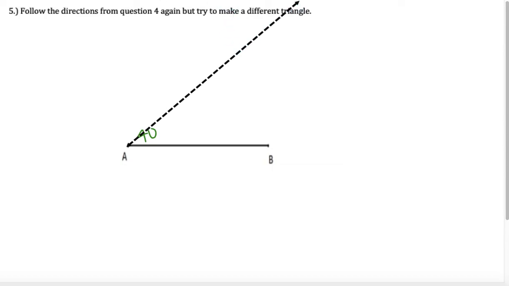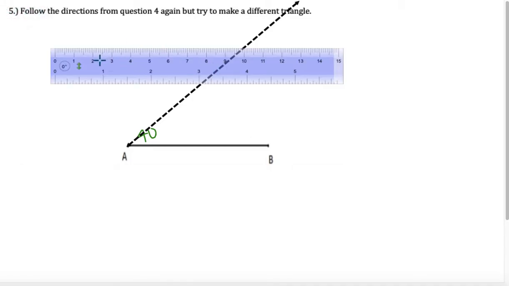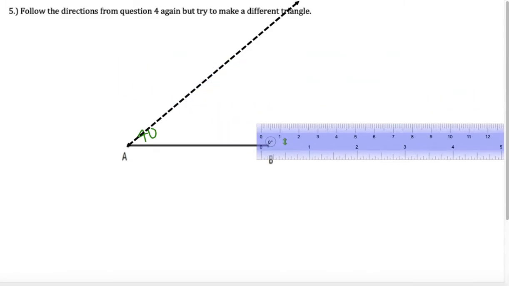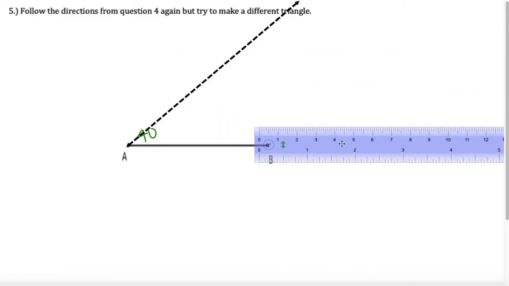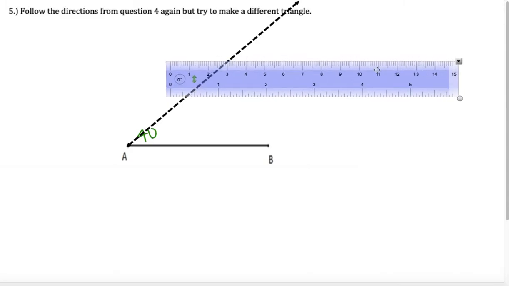And then take your ruler, place it here again at point B, and rotate it around.